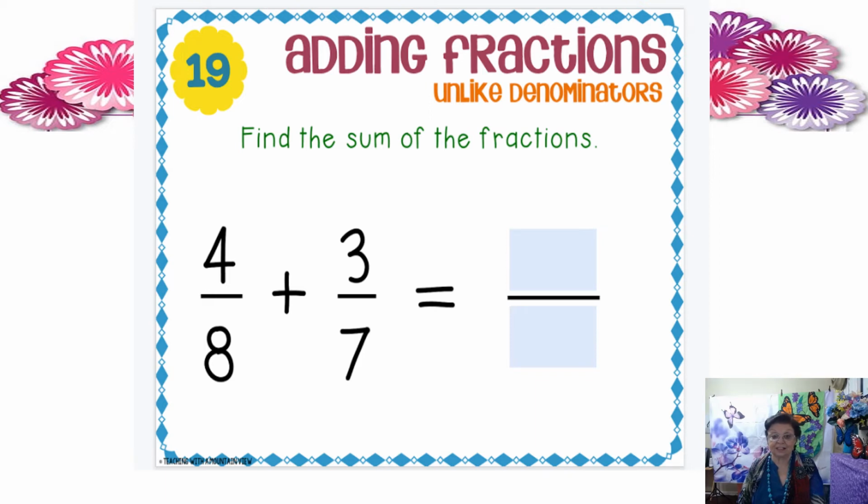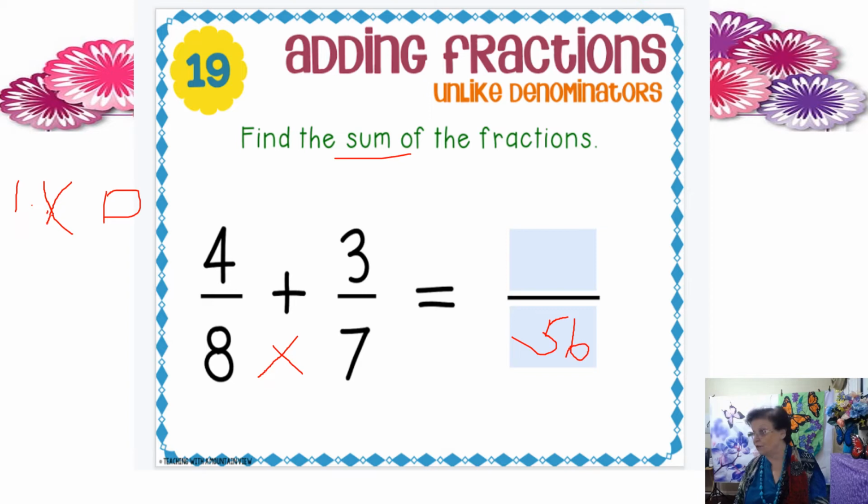Okay, let's find the sum of the fractions. Step 1. What do we have to do? Multiply the big D's. Multiply the denominators. 8 times 7 is 56. You're right. I saw some of you getting your poppets out. 8 times 7 is 56.